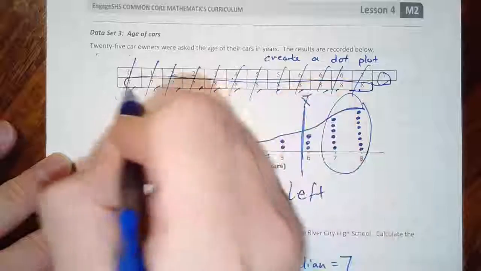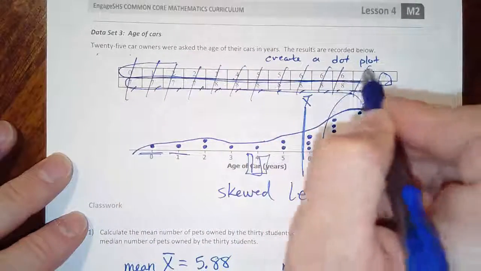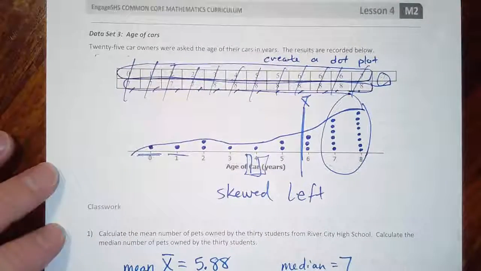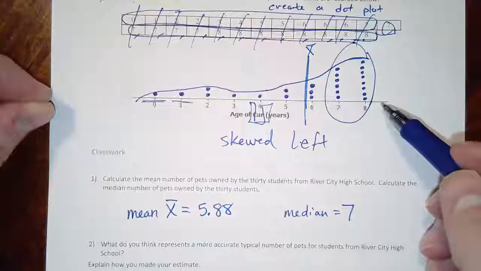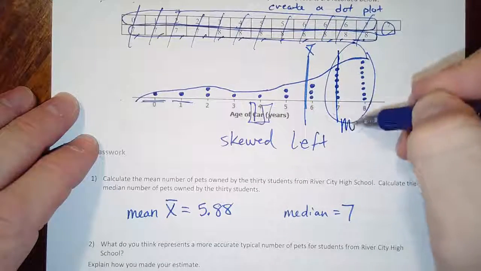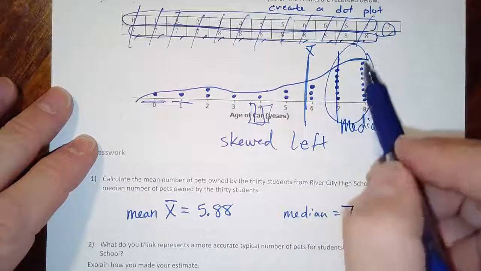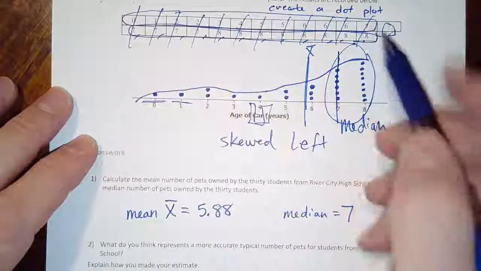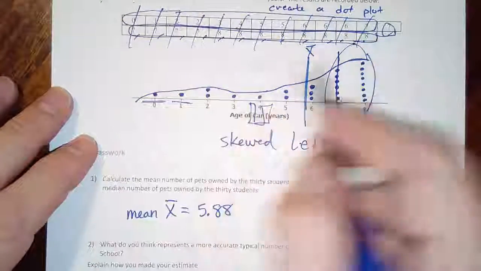So since this picture is skewed to the left, and the median is right here, let's look at it. There's 6 plus 8, there's 14 that are at 7 or 8. 13 out of all 25 are at 7, and only 3 at 0 and 1. So I guess the typical number is 7.